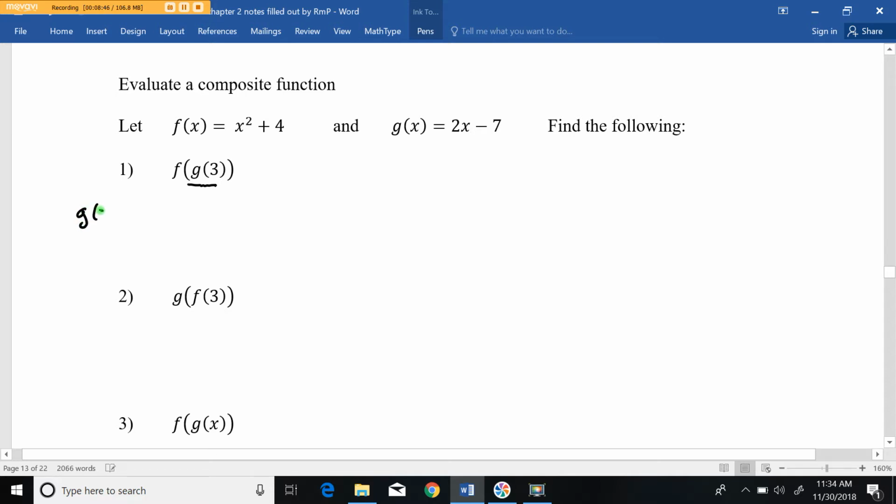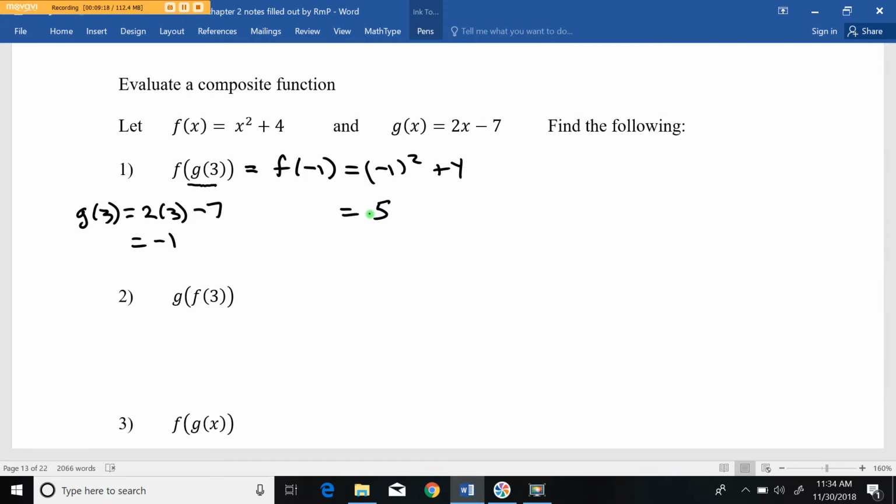So g of 3, and I look to my function for g, that's equal to 2 times 3 minus 7, which is negative 1. So that means this thing is equal to f of minus 1, which is minus 1 squared plus 4, and we get 1 plus 4, which is 5. So that's one way to handle that. I think that's probably the simplest.